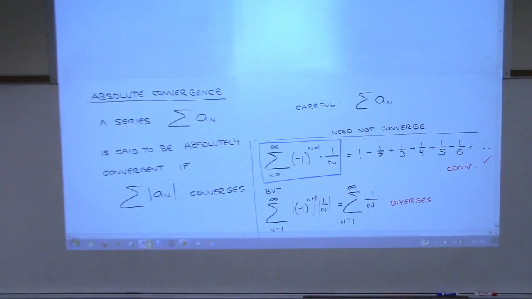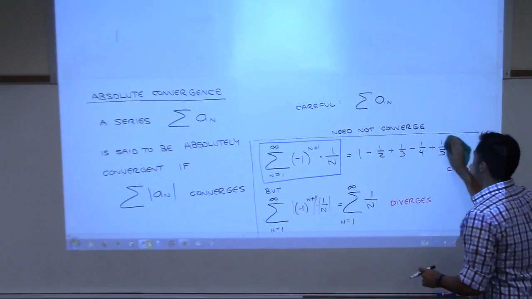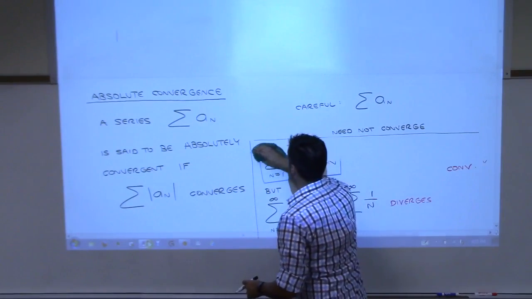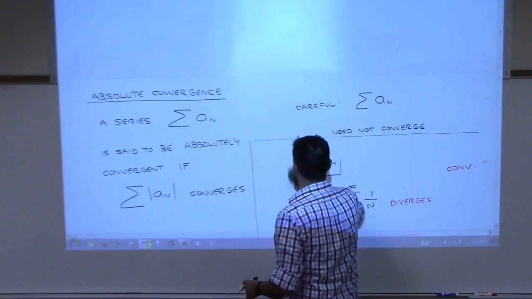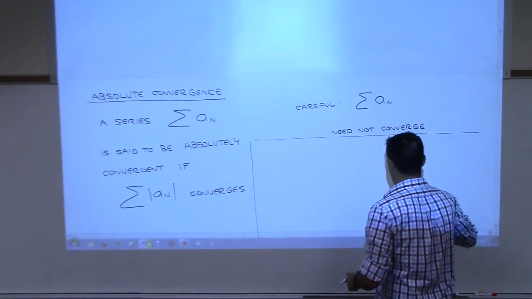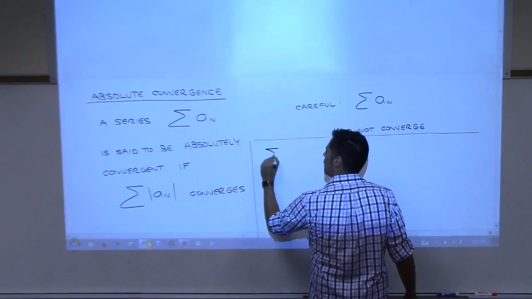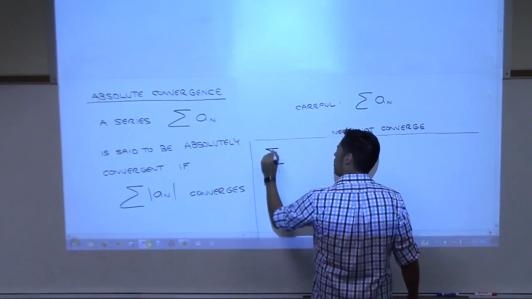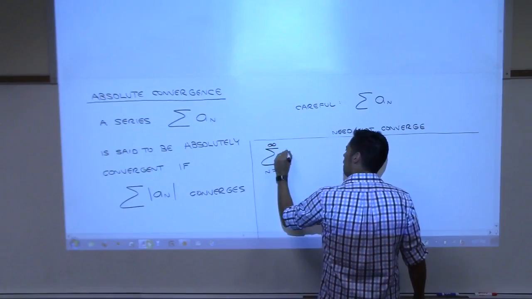Let me take another one. How about this one? I'm going to squeeze this one in here real quick. Take the series sum n equals 1 to infinity of negative 1 to the n over n squared.